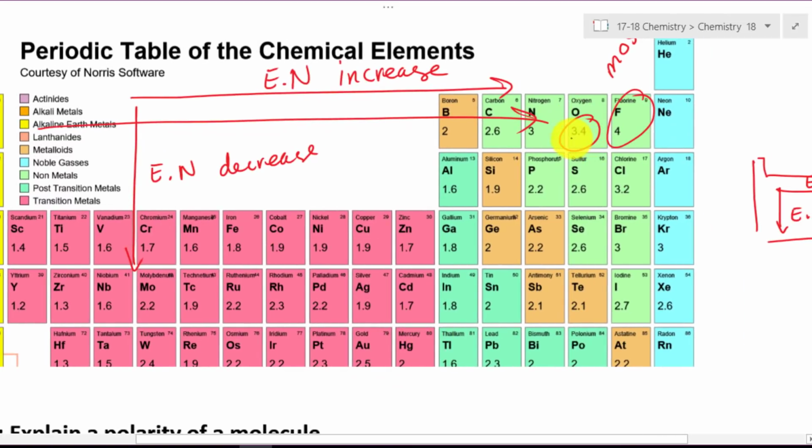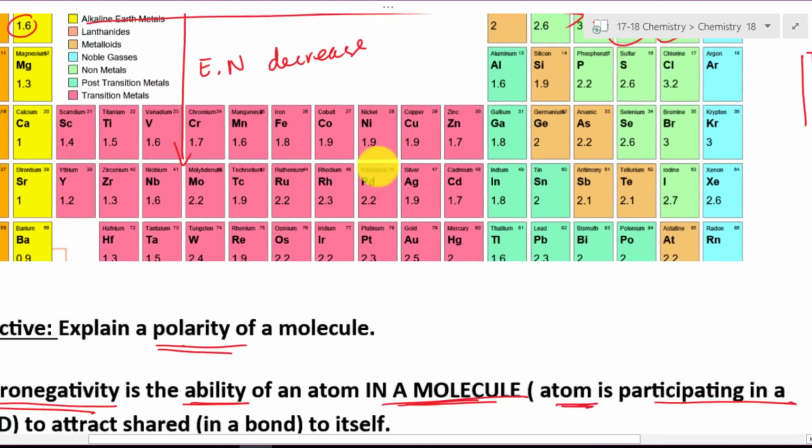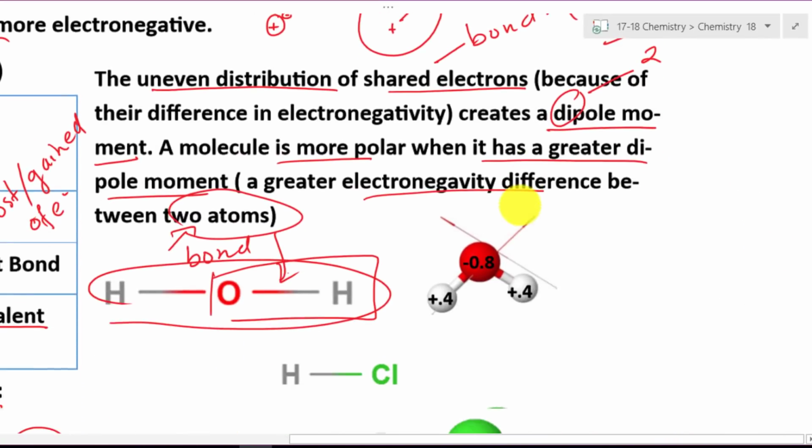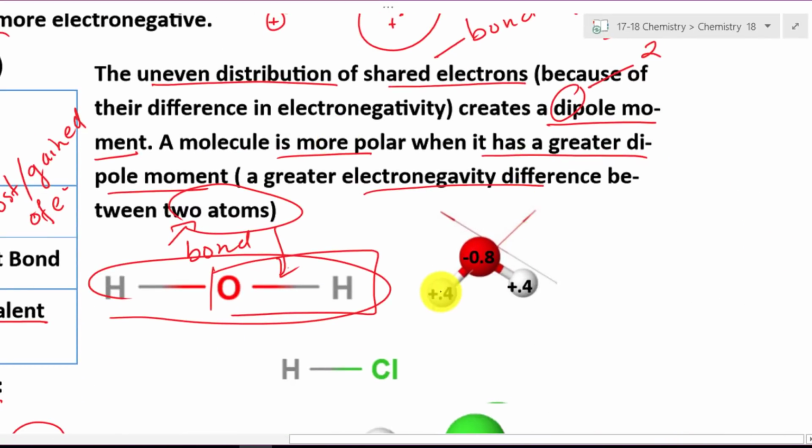Which one has greater strength in terms of pulling the electron? Of course, oxygen, 3.4 versus 2.2, and that's the reason why in this molecule the oxygen has a greater strength in terms of pulling the electron. And if you are pulling the electron toward you, of course you have a negative charge, and the hydrogen would not have the electron most of the time, and that's why it has a positive charge.